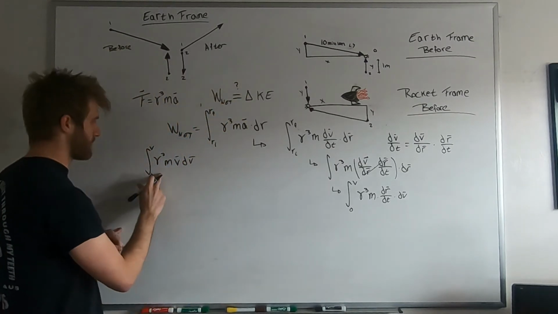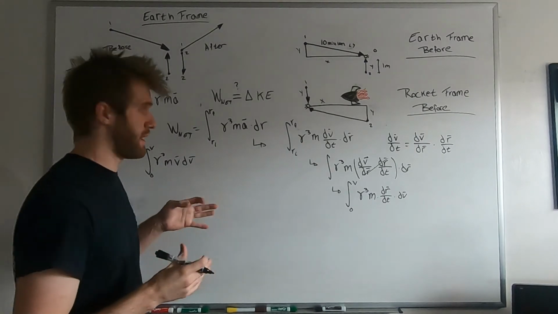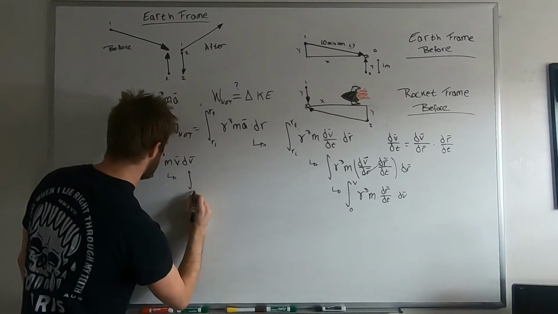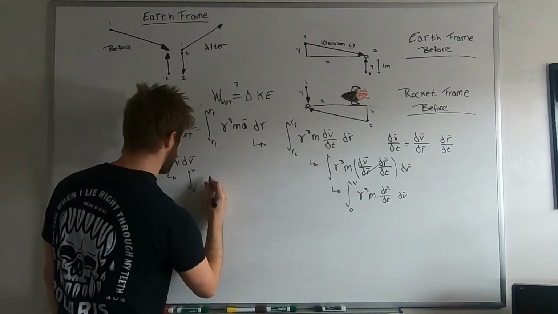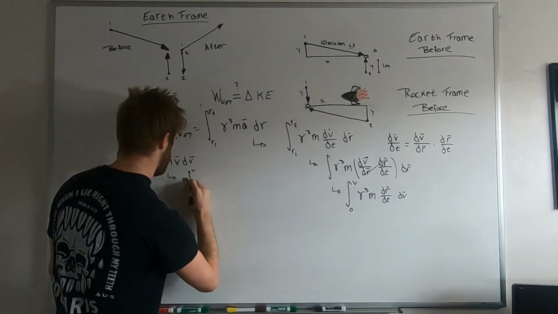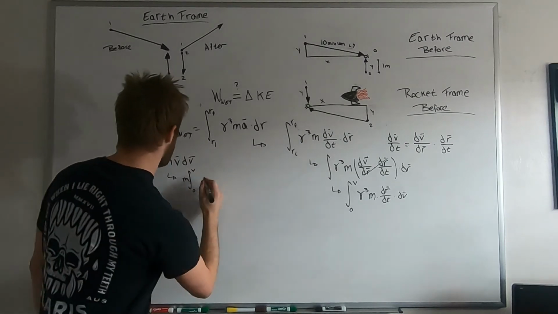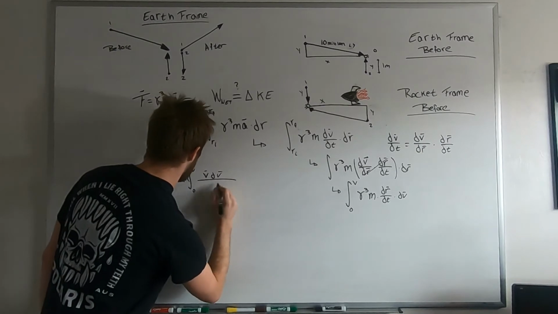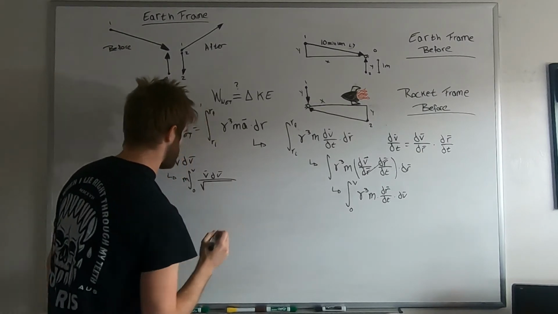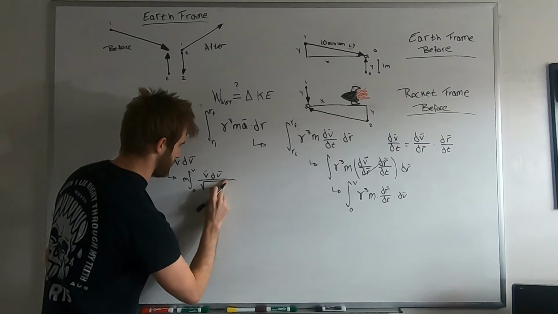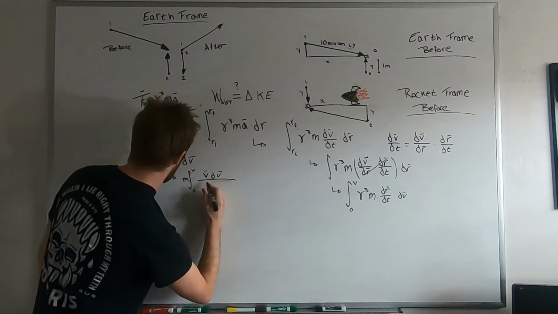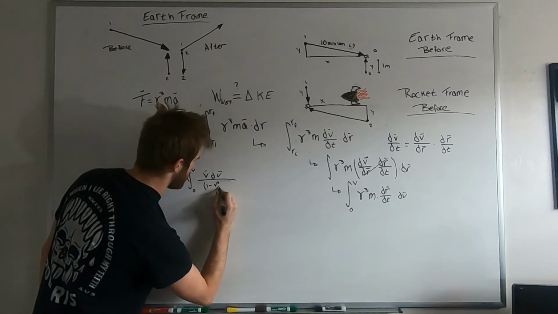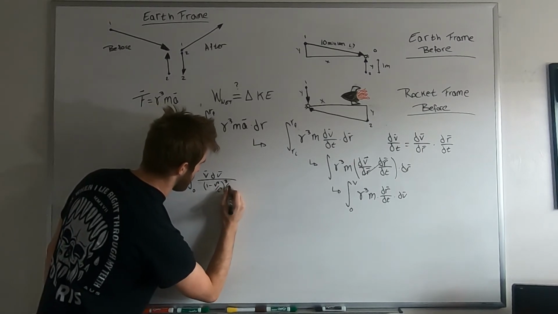Okay, so what is gamma cubed? We're going to expand that out here. We're going to have our integral from 0 to v, where I'm going to pull that m out because that's a constant, and we're going to have v dv over, oh sorry, not a square root, over 1 minus v squared over c squared raised to the 3 halves.